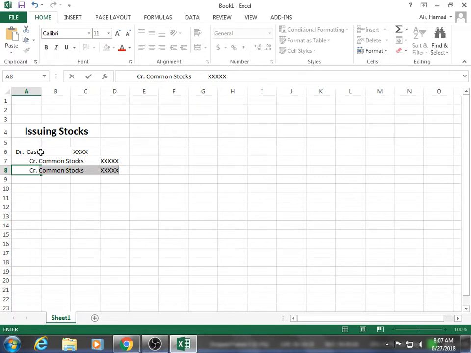We call it additional capital, additional capital in excess of par value. I'm just going to call it additional paid in capital.